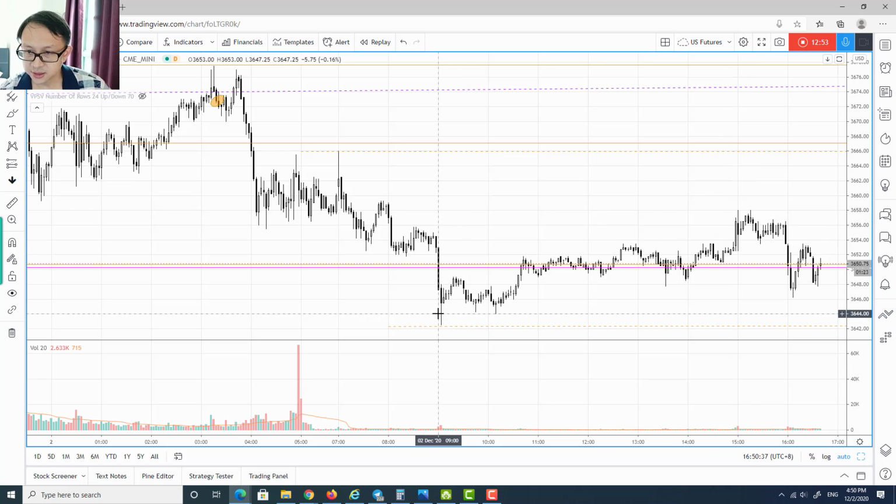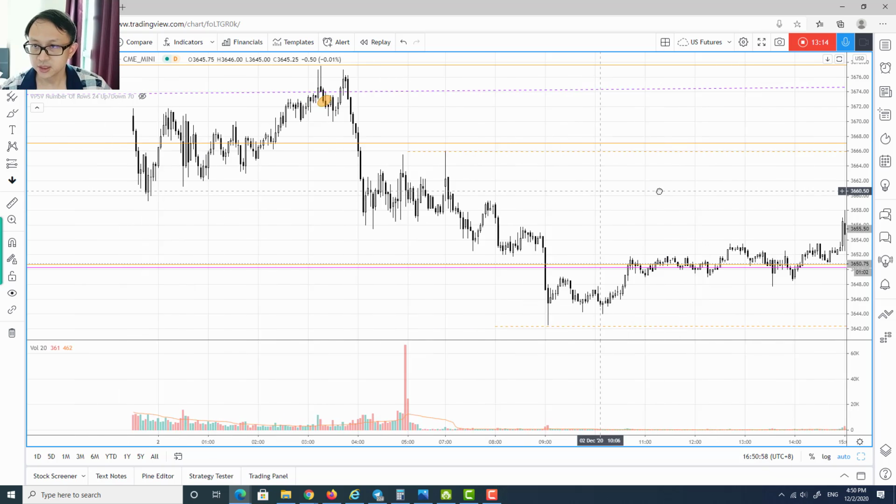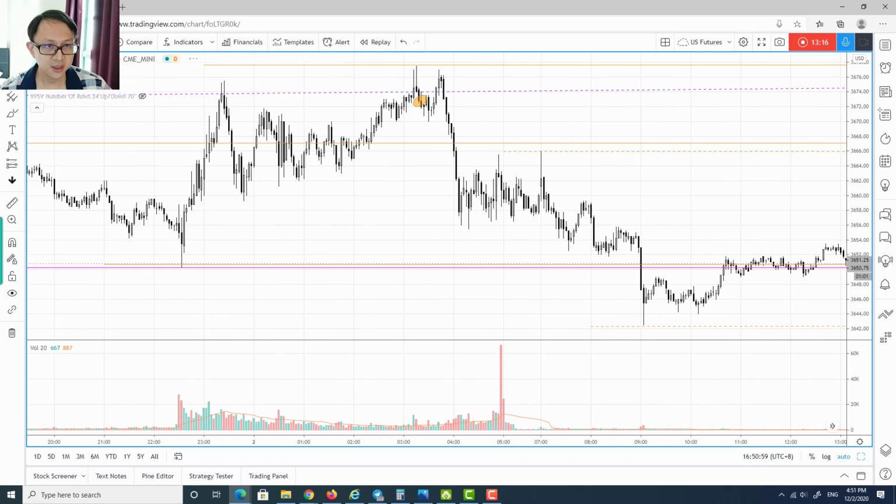So you can see that right after that, that is how it actually went down, the 3642, 3644. So somewhere around there will be the target. So I would say that in this case, the point and figure calculation actually provides a relatively accurate target. That's just based on the very first portion of the projection.